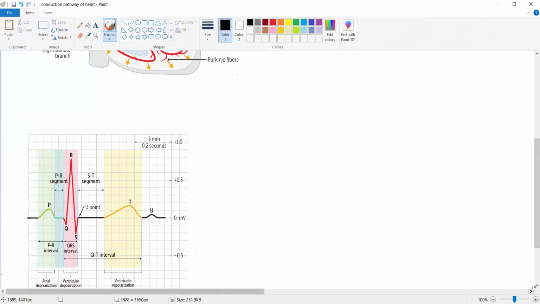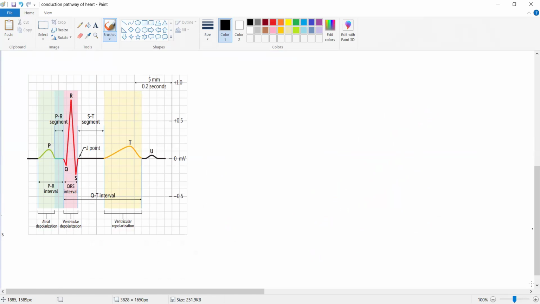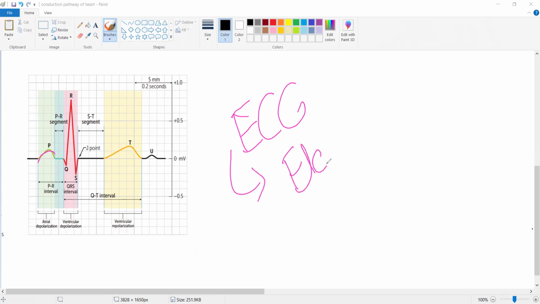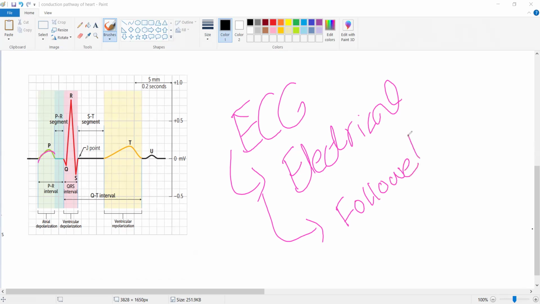This is some basic stuff from the ECG. This is the P wave. The ECG is basically the electrical activity of the heart, and it is followed by mechanical activity. The contraction of the heart is mechanical activity. First electrical activity takes place, then mechanical activity.